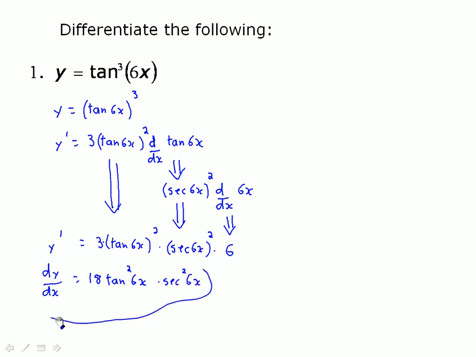Now you could look at this and see, can I do anything more with it? And the answer really is no, because there's no real formula that's going to simplify tan and secant. So you pretty much are stuck with the way you have it. You could write that as tan is sine over cos of 6x all squared. Wouldn't really do much for you, I don't think. So we're left with this.